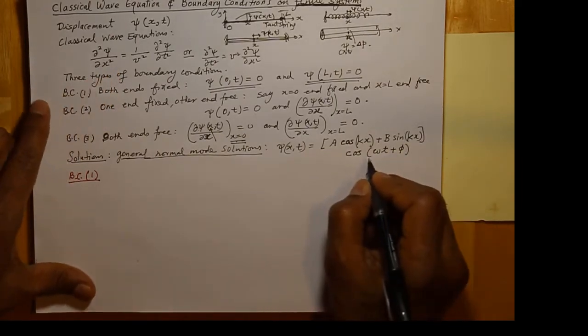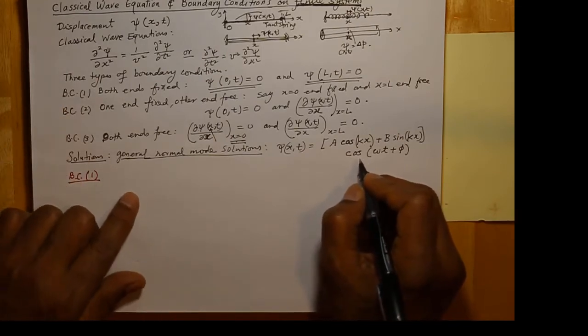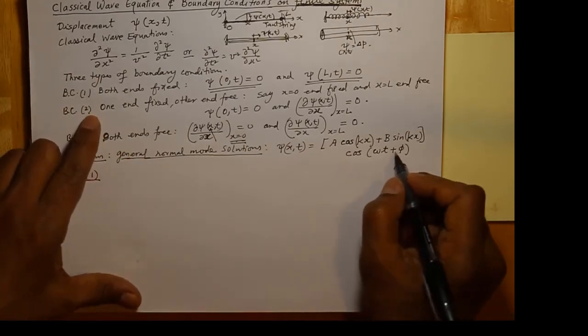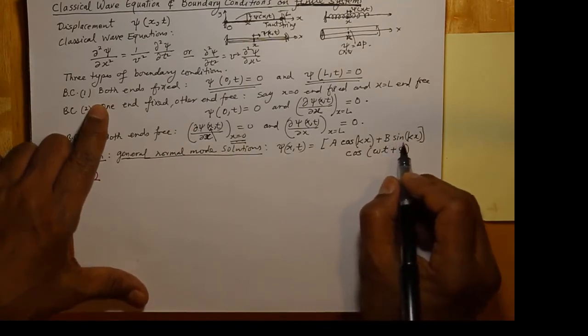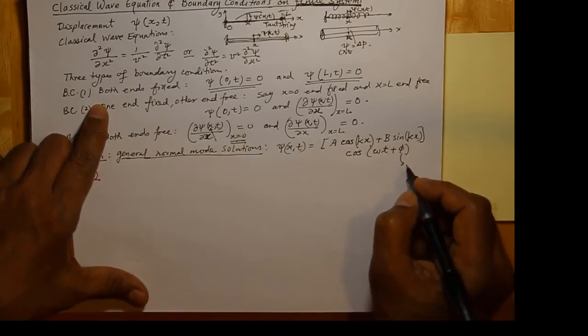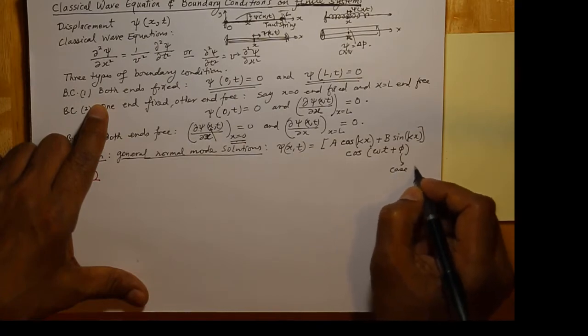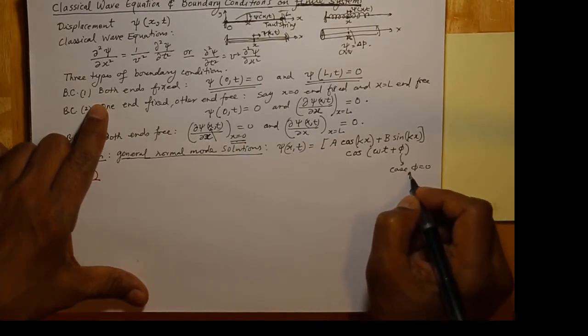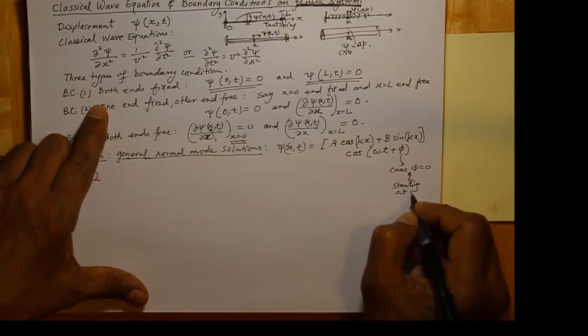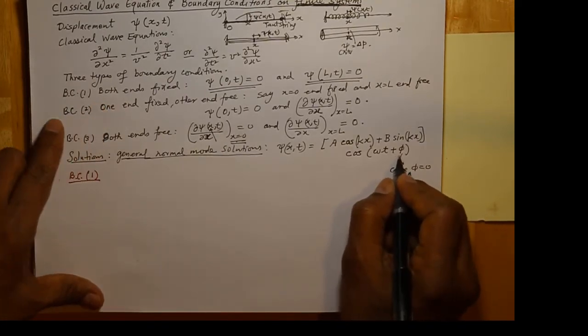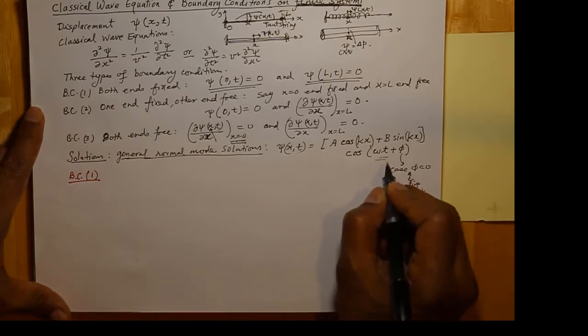That's the general solution, and we will try to find solutions in which phi is 0. The case phi equal to 0 refers to starting at rest. So we would not use phi.